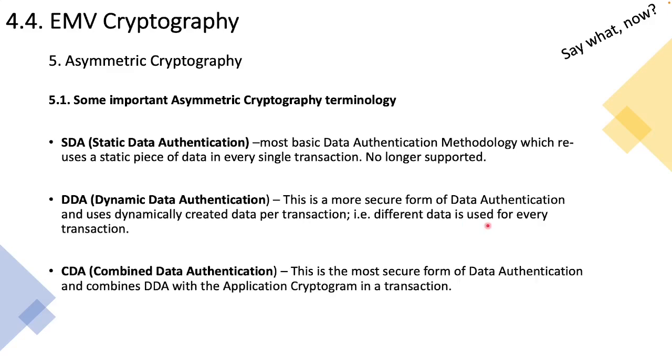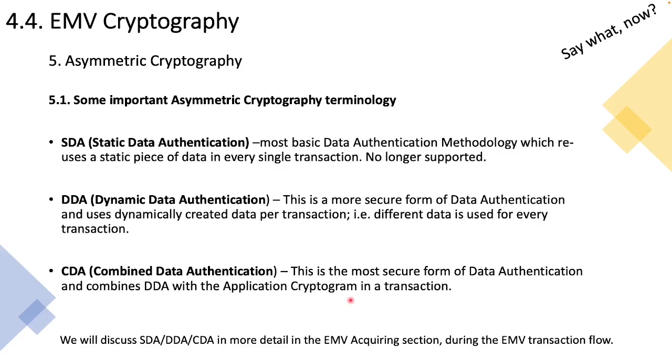And then finally, we've got the highest level or top tier data authentication method, which is called CDA, Combined Data Authentication. What combined data authentication basically means is that it combines DDA with the application cryptogram that's produced during a transaction. When we do the EMV transaction flow in the acquiring section, we'll discuss SDA, DDA, and CDA in a bit more detail.